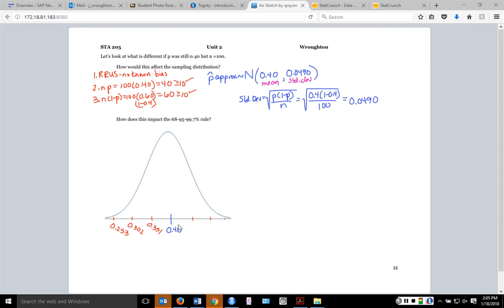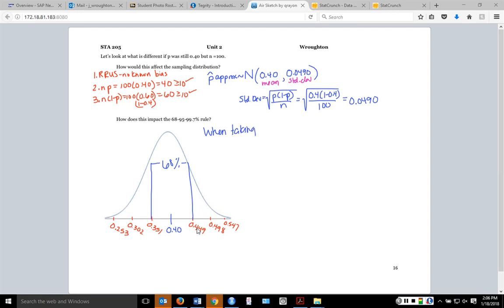Now adding that 0.049 in the opposite direction here will get me 0.449, 0.498, and 0.547. So again, I go out that one standard deviation, right, this is where we expect 68% to be.